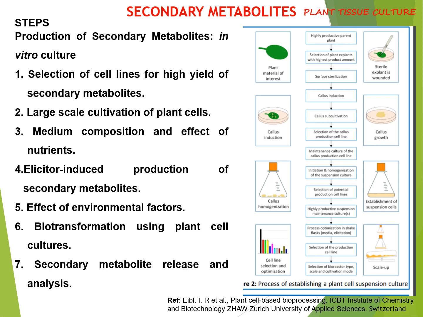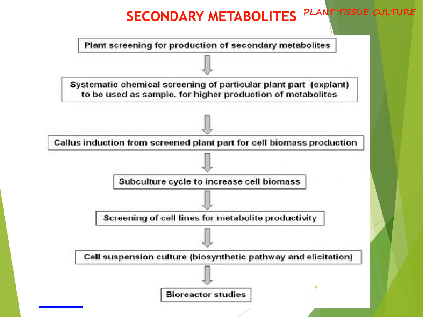The culture methods are then optimized for maximum secondary metabolite production, and the potential cell lines are maintained by subculturing. These cell lines are then used for scale-up in bioreactors, and the large-scale productive process is optimized. This is the simplified flowchart for secondary metabolite production.